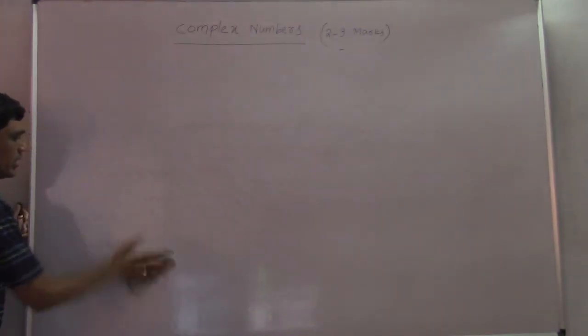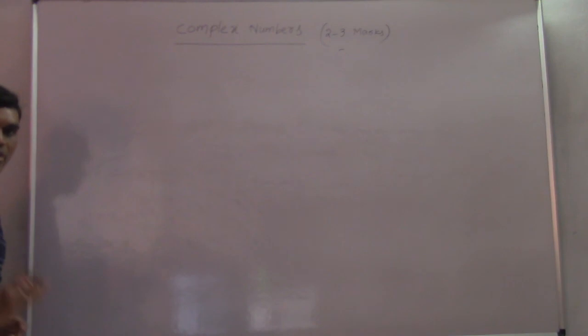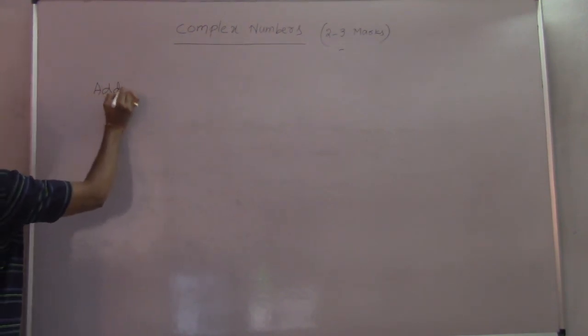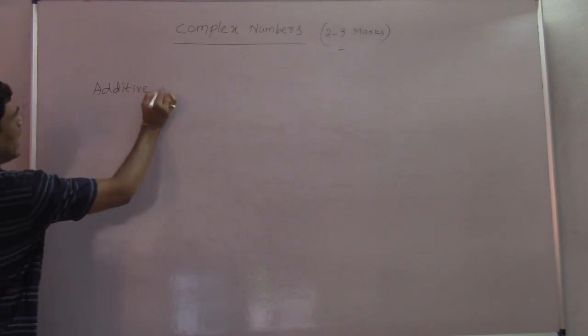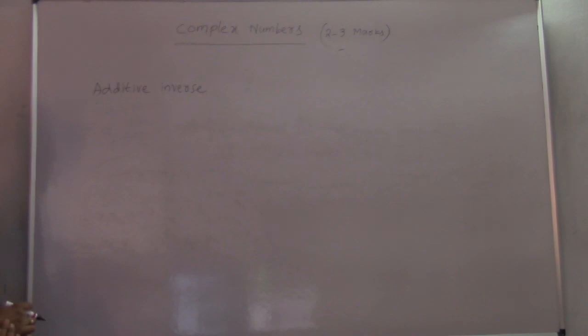Next point, additive inverse. Take all these points, ma'am. Additive inverse of a complex number. A complex number is simply denoted by z.